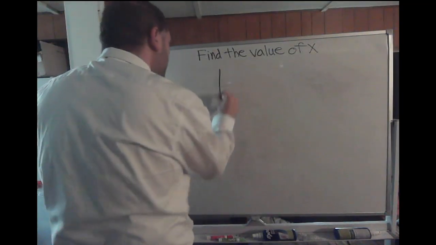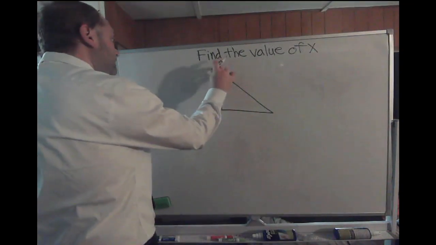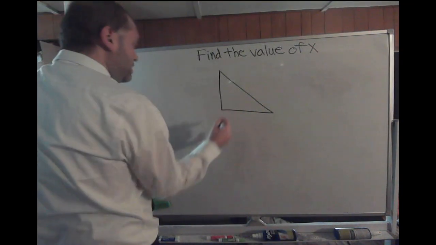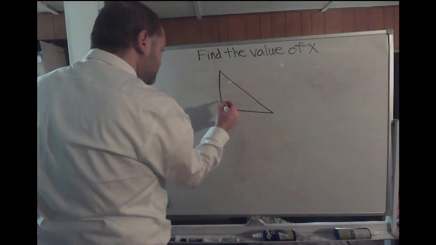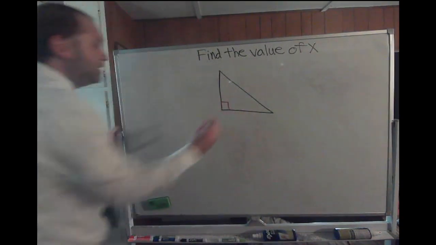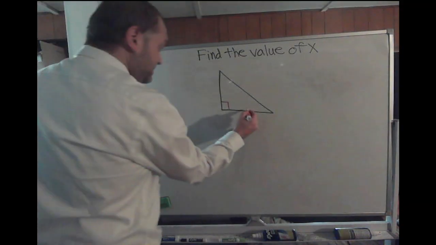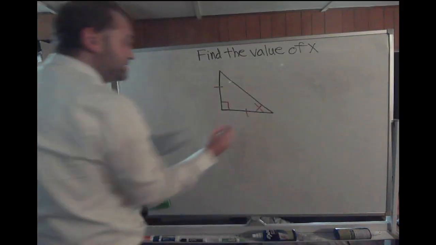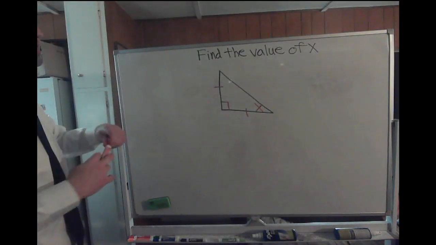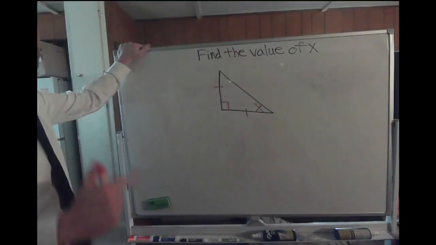Great, we have a right triangle. Alright, so we got a right triangle here. They tell us these two sides are congruent. This angle's x. They don't tell us what the other angle is, but let's remember something from a previous lesson.